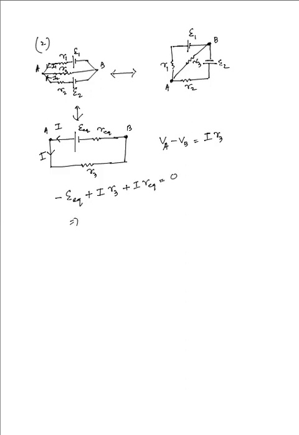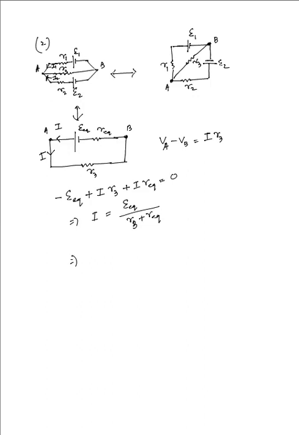That gives me the total current equal to E equivalent divided by R3 plus R equivalent, and we can just put that over here for determining the VA minus VB value.